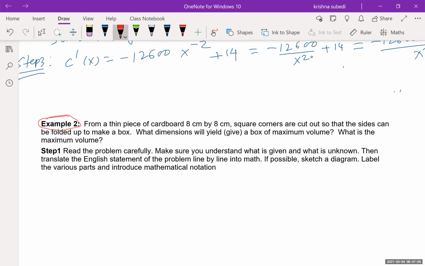If you don't understand the question in one reading, then try two readings, or sometimes three or four. That's fine. But once you understand, sketch the diagram and use mathematical symbols to denote the given information. That's step 1.